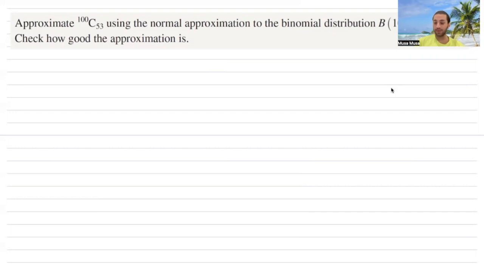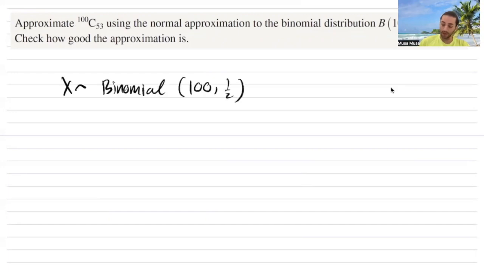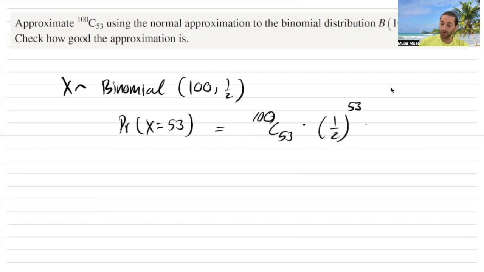The way we're going to use it is through this binomial of 100 trials and the probability of success being a half. If there was this binomial with 100 and a half, then the probability that X equals 53 is going to equal 100 choose 53 times a half to the power of 53 times a half to the power of 47.